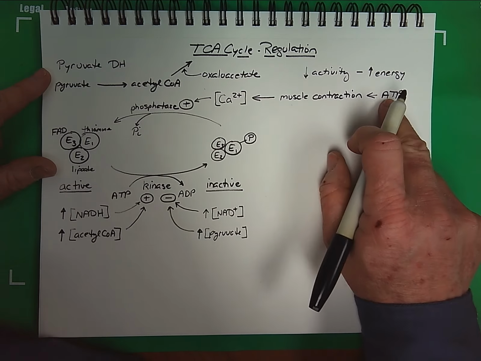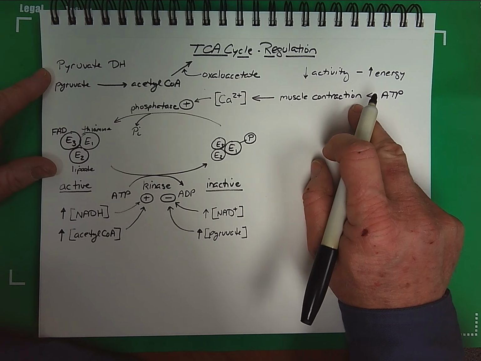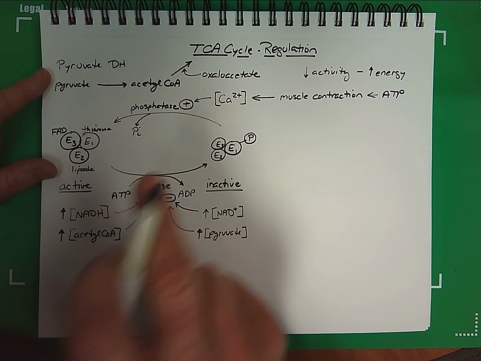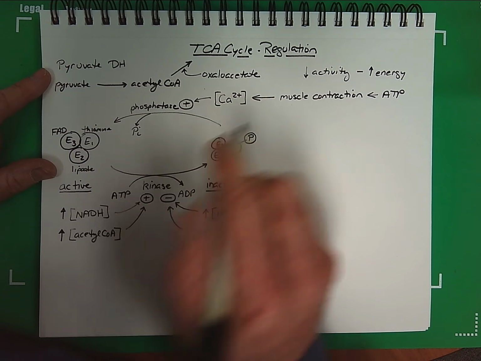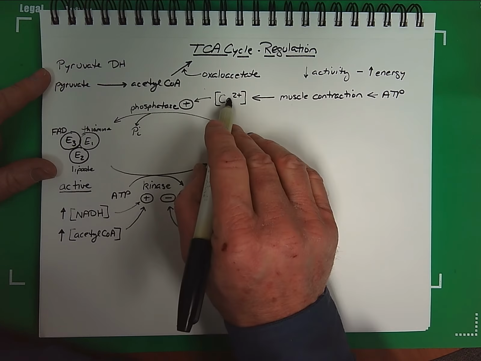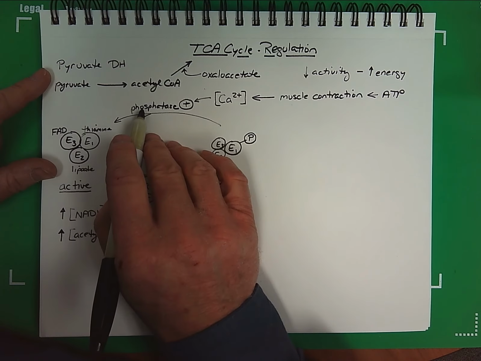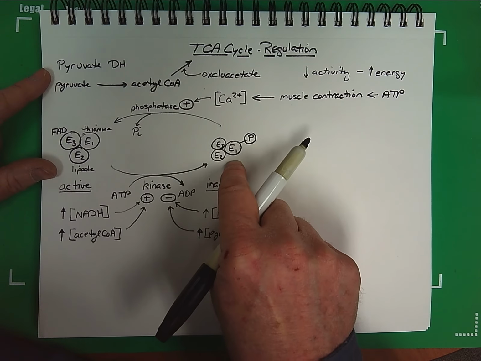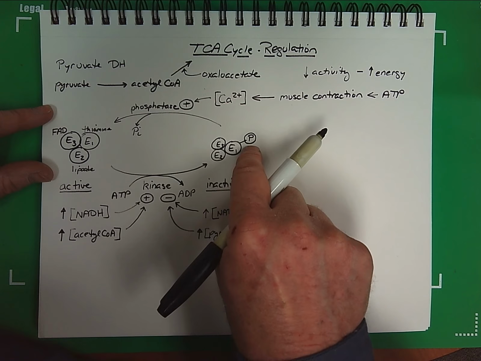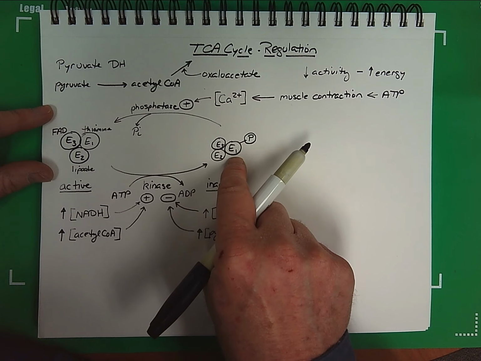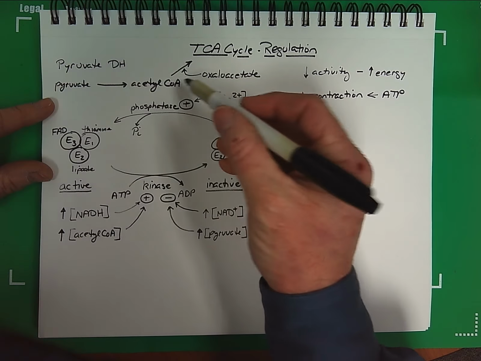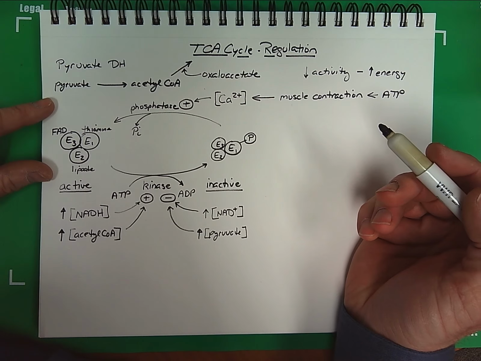So as our use of ATP increases because of muscle contraction, which is stimulated by calcium, we want to make sure that the energy-producing pathway is jump-started. So calcium is a signal for muscle contraction, which is going to be using ATP. That calcium also stimulates the phosphatase activity to reactivate the pyruvate dehydrogenase complex by activating the phosphatase, dephosphorylating the E1 subunit, and now the enzyme is ready to convert more pyruvate into acetyl-CoA to put into the TCA cycle.